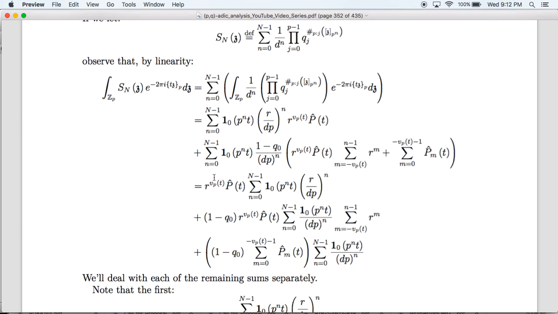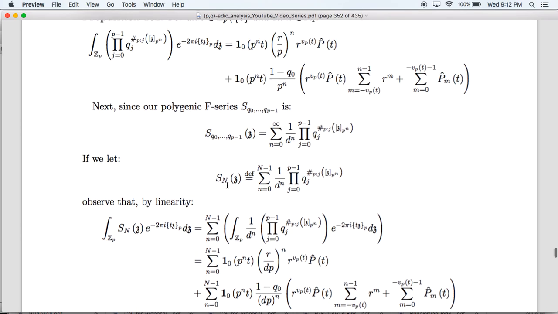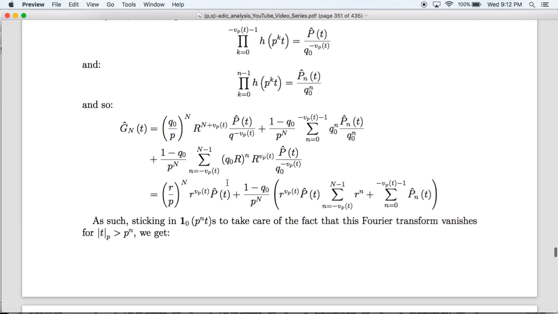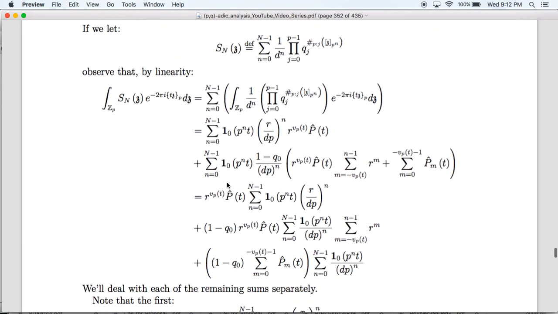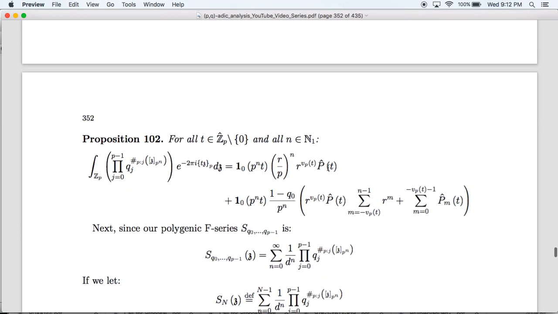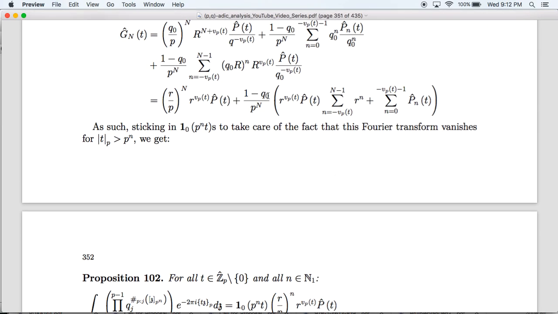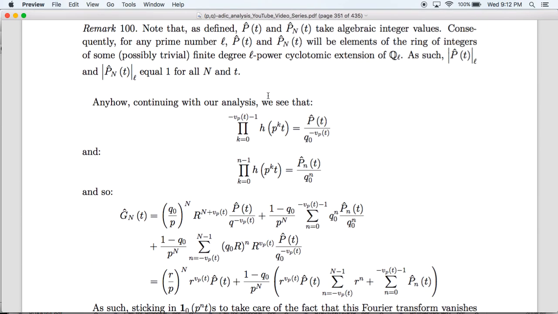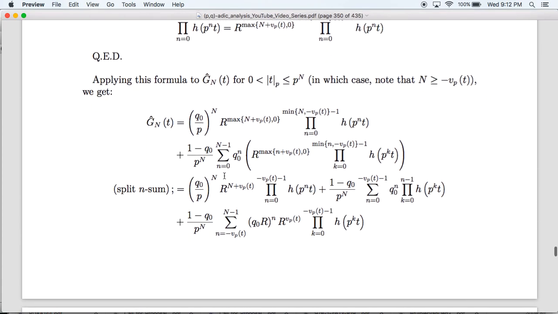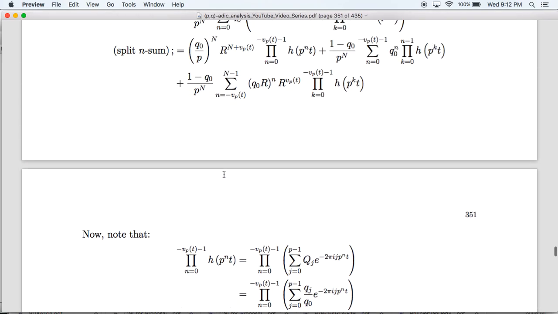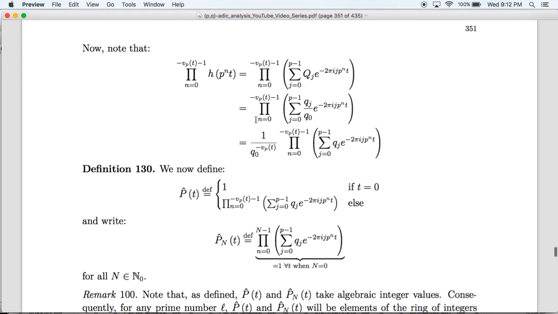R to the vp of t, where little r is, I think I defined that as the sum of, I forget what I defined little. Oh, no, I changed it. I remember now. I must have deleted this. Little r is Q0 times big R. So that's going to be little r.